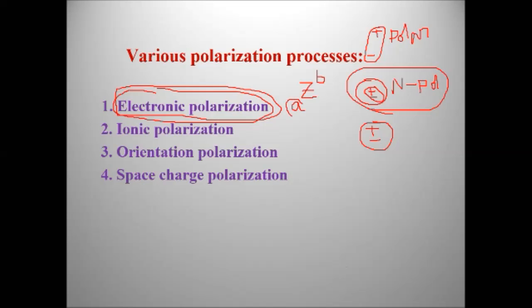In the subscript, small a indicates the atomic number. In the superscript, small b indicates the atomic mass. Sometimes b can be written on the left-hand side of the representation, whether right or left, but it should be in superscript. This is the atomic number and this is the atomic mass.